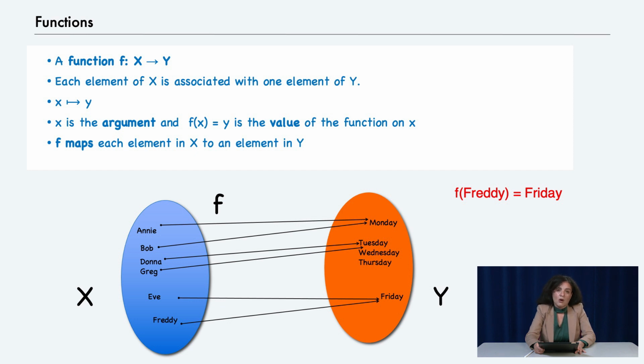Once we have sets, we can define functions or mappings between the sets. So we can have a function f going from a set X to a set Y. Each element of X will be associated with one element of the set Y. We call x the argument, and f of x equal to y is the value of the function on the value x, its argument. f will map elements in X to an element in Y. In the dinner party example, we can map the dinner guests to the days of the week on which they were born.